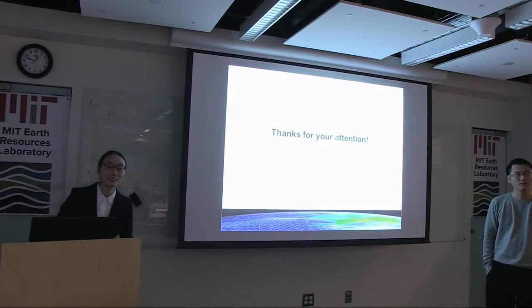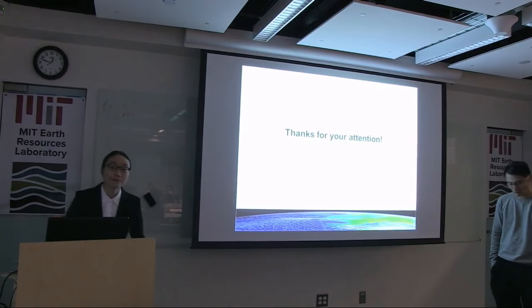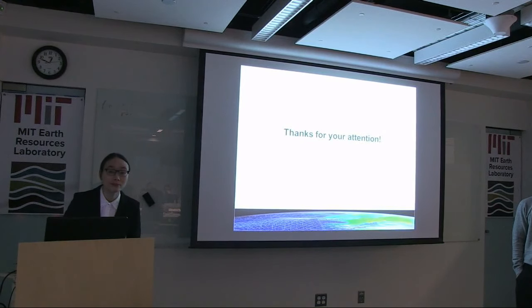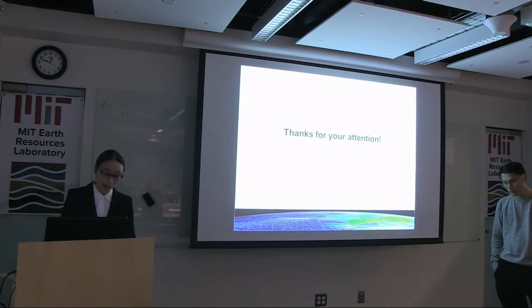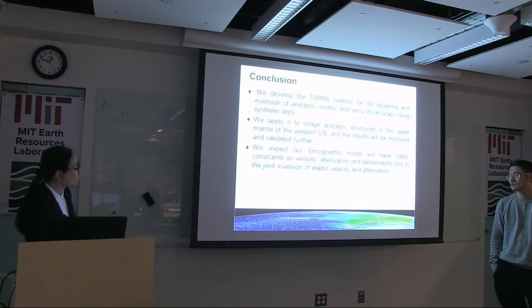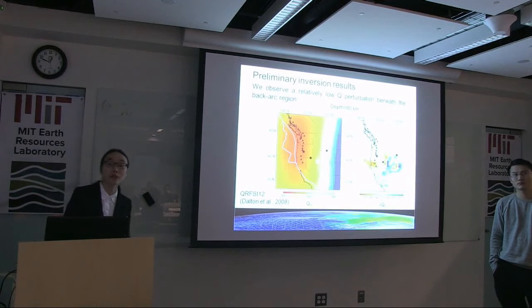You have a really interesting method. Do you apply the same damping and smoothing to both of your types of parameters in your inversion? Yeah, that's a good question, and there are many details in the waveform inversion.